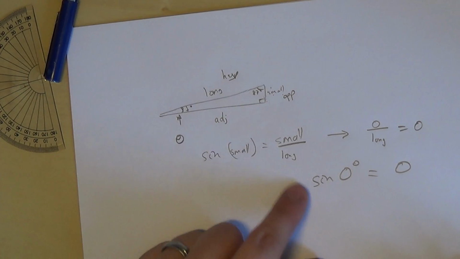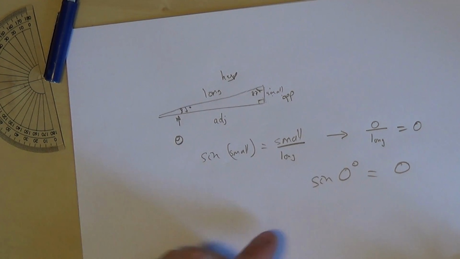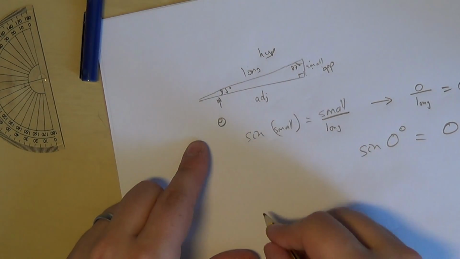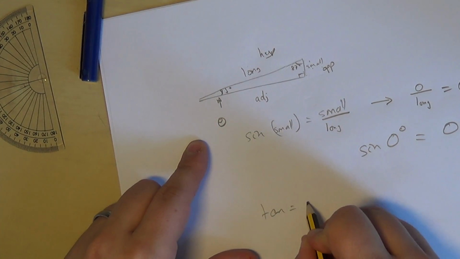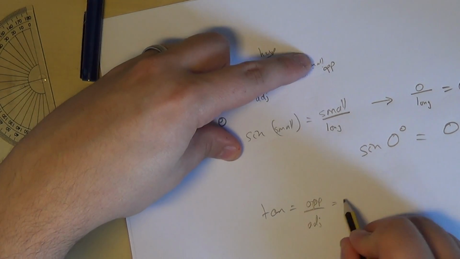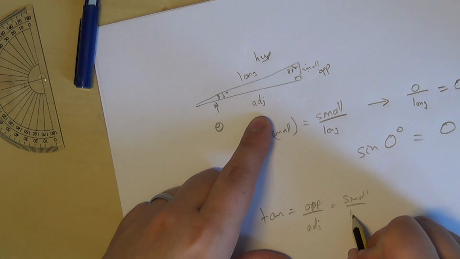There's a bit of a fudge there because we've slightly broken away from triangles and into functions, and in fact functions will be more important long term for you, but that is a thing we can use. That's a key value. If we look at the tan, which is opposite over adjacent, again we've got a small thing over a thing that isn't really changing.